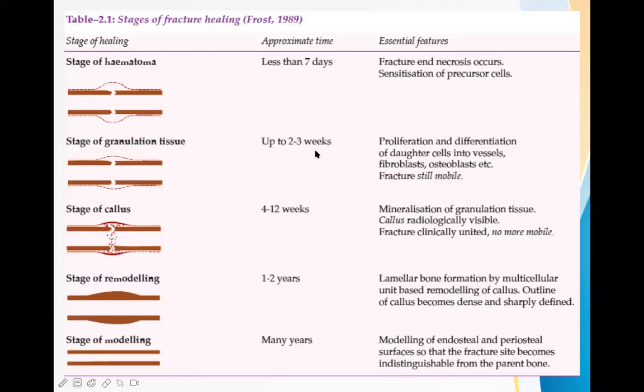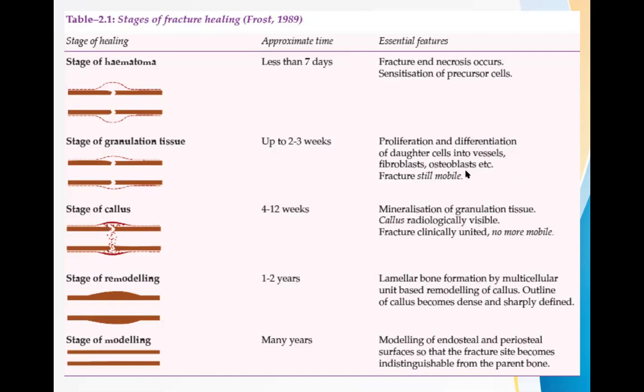Now the second stage is the stage of granulation tissue. It occurs up to 2 to 3 weeks. In this stage, there is proliferation and differentiation of these precursor cells, or daughter cells, into blood vessels, fibroblasts and osteoblasts. This osteoblast is the bone forming cell. You already know that the mature form of osteoblast is called osteocyte.